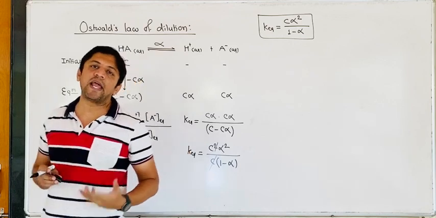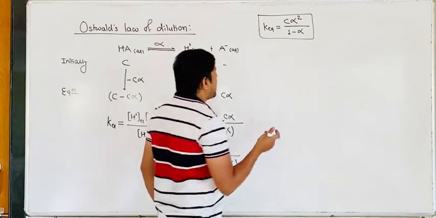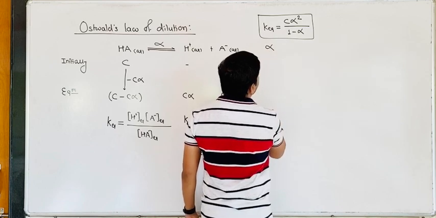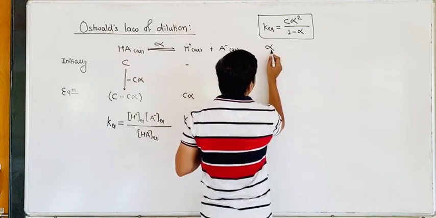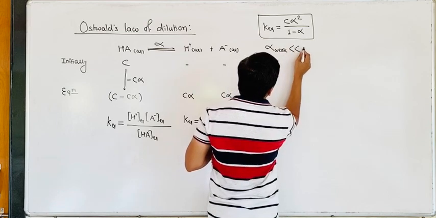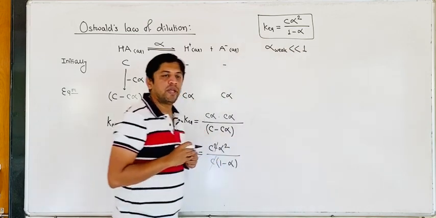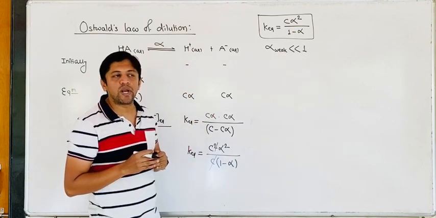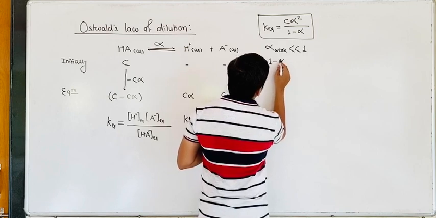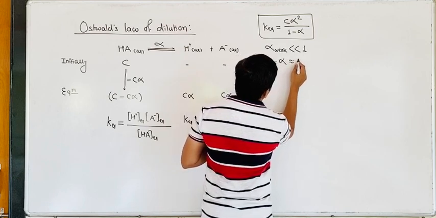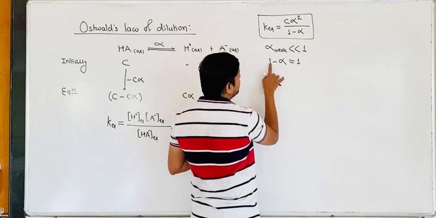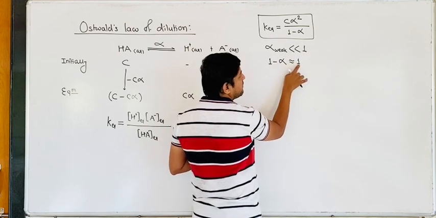Now to simplify the calculations, it has been assumed that the degree of dissociation of weak electrolytes is very less than 1. Hence 1 minus alpha is nearly equal to 1. As alpha is very less than 1, this 1 minus alpha term is replaced by 1.